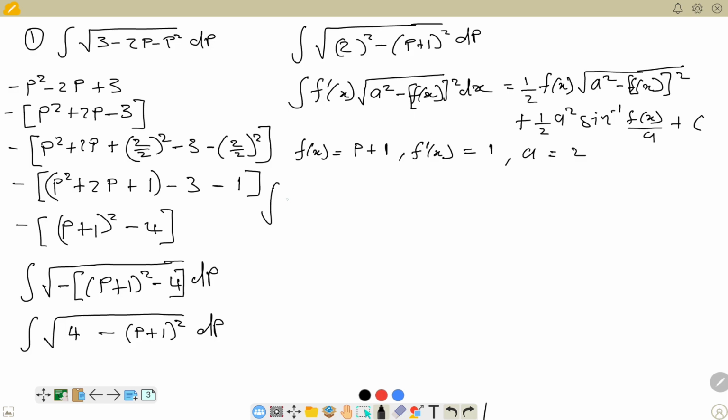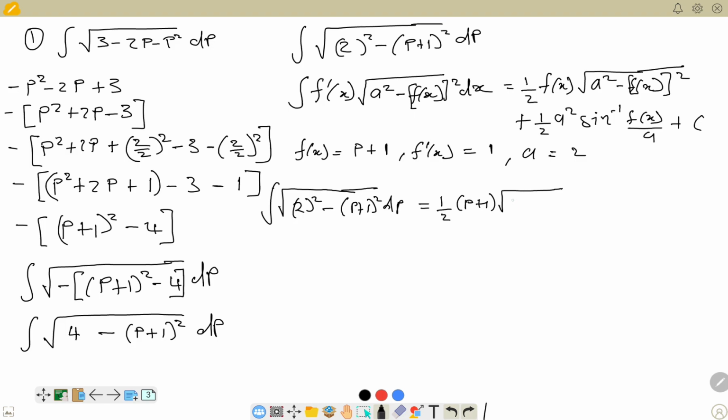We write our integral dp, and this will be equal to, checking the formula, a half f of x, which is p plus 1, times the square root of a squared, which is 4.